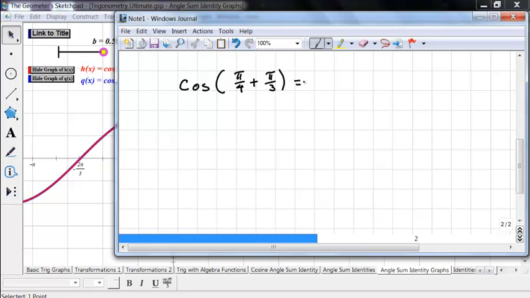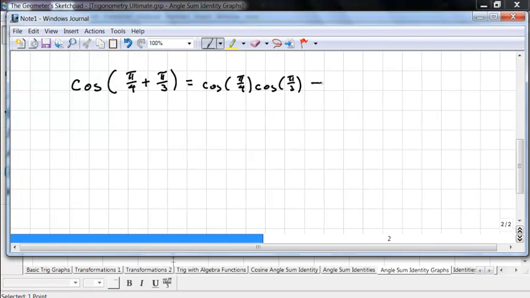Well, according to our identity we just proved, that's cosine of pi over 4 times cosine of pi over 3 minus sine of pi over 4 times sine of pi over 3. Well, these are things that we know.